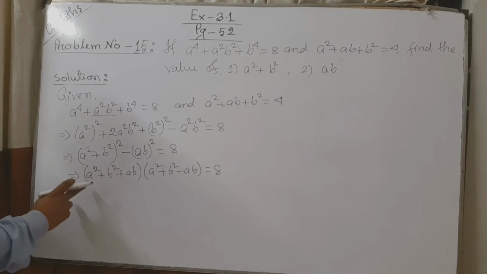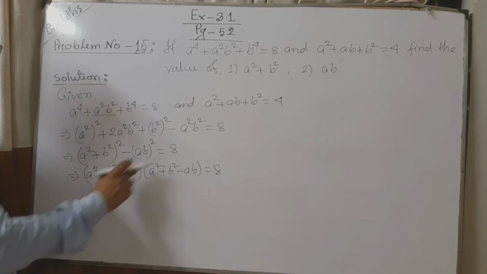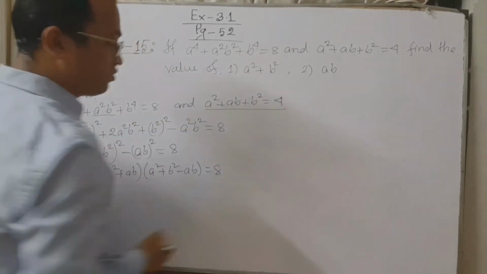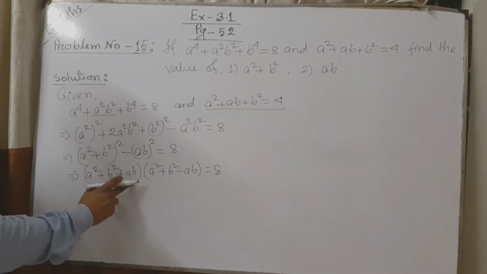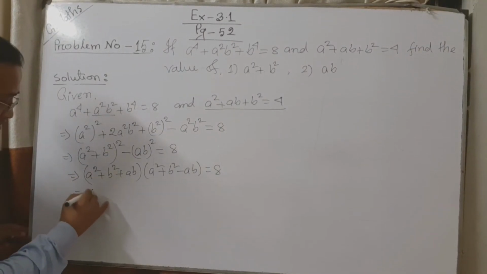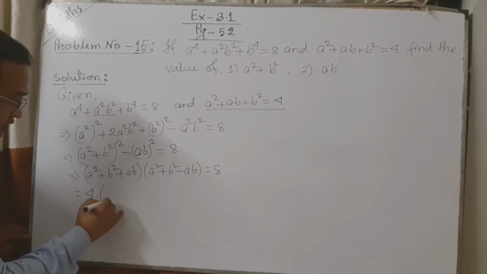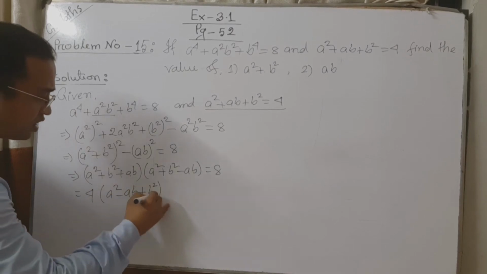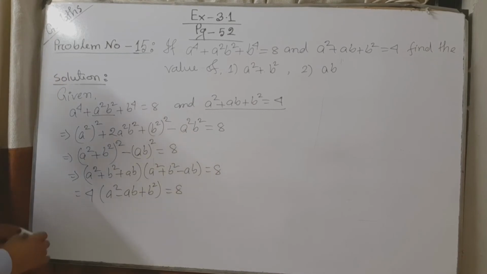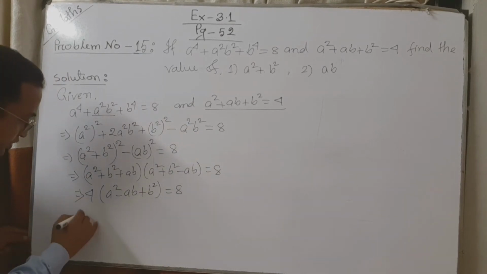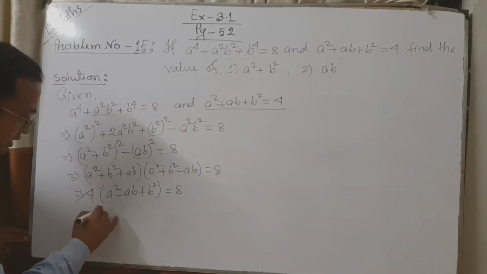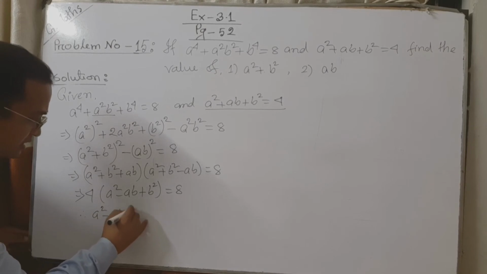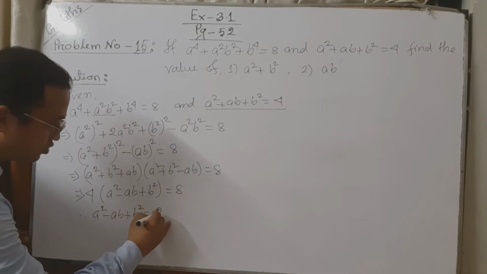Now it is given the value of a square plus ab plus b square, that is 4. Just arrange it, it will be a square minus ab plus b square equal to 8 by 4. Therefore a square minus ab plus b square equal to 2.